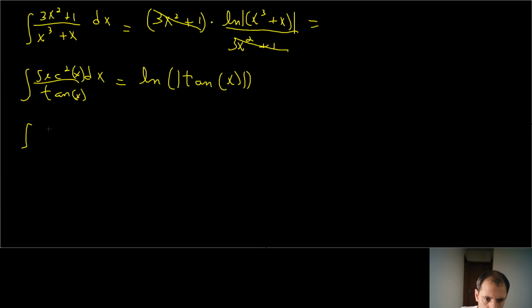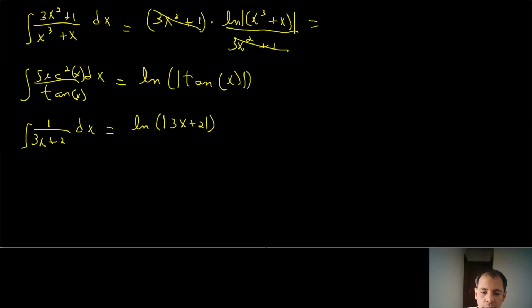The integral of 1 divided by (3x plus 2) dx. It's the same thing. This is going to be ln of the absolute value of 3x plus 2, divided by the derivative of this.